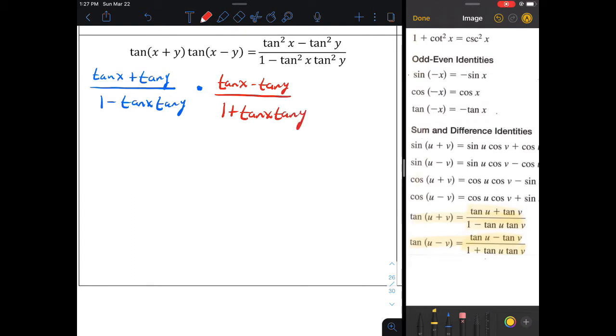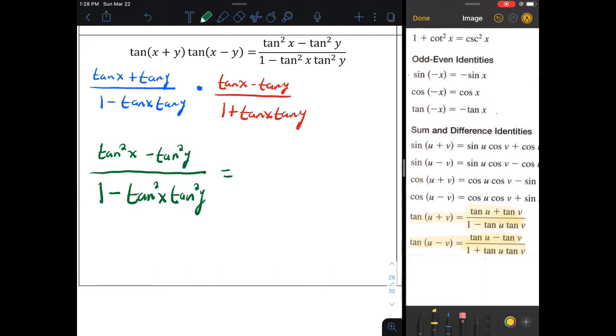And let's multiply those two fractions together. We have a difference of squares here. So when I multiply the two numerators together, that's going to make tangent squared x minus tangent squared y over, and I have a difference of squares in my denominator as well. So it'd be 1 minus tangent squared x tangent squared y. And that's my right-hand side. So proof done.